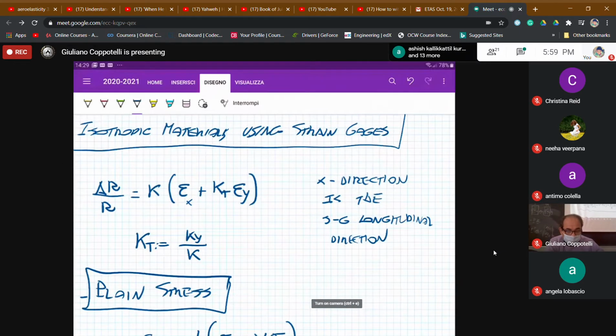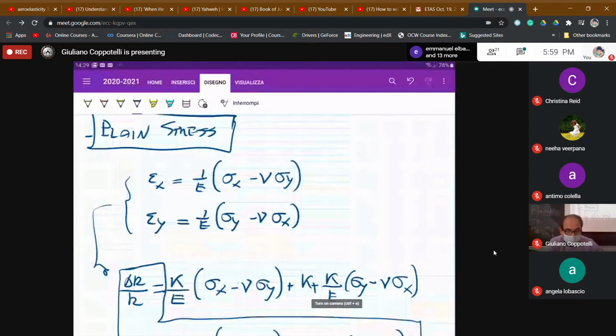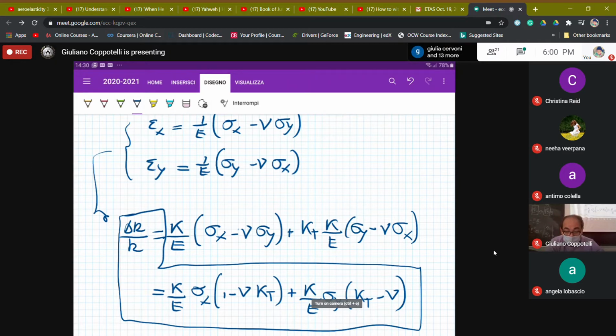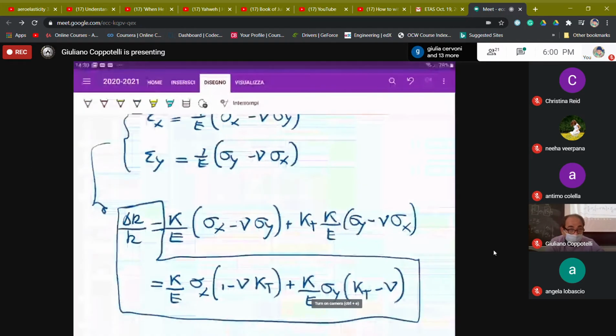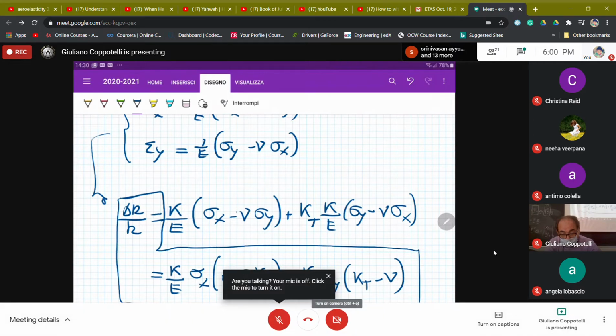So you have to put epsilon x and epsilon y that I wrote there. Kt times k over e. Write that in this way. Okay. Just a second.